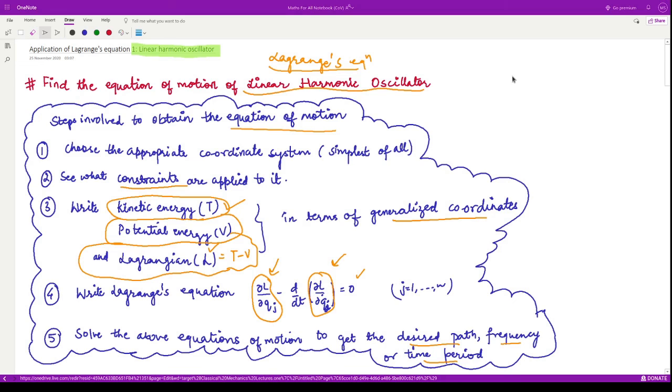I must say, please practice various problems, because until and unless you are able to calculate the kinetic energy and the potential energy correctly, you won't be able to tell what L is, and then you won't be able to reach the correct answer. So do practice more applications of this topic, the Lagrange equation. This is really important, and it is also really interesting.